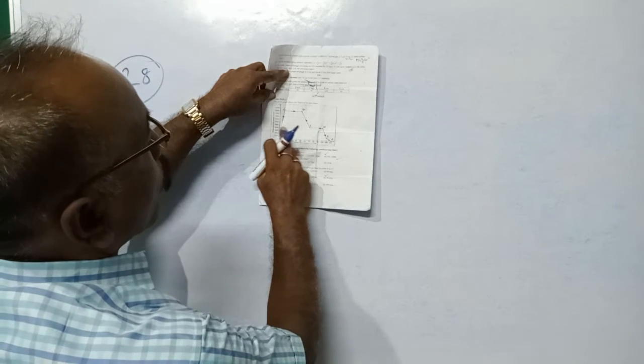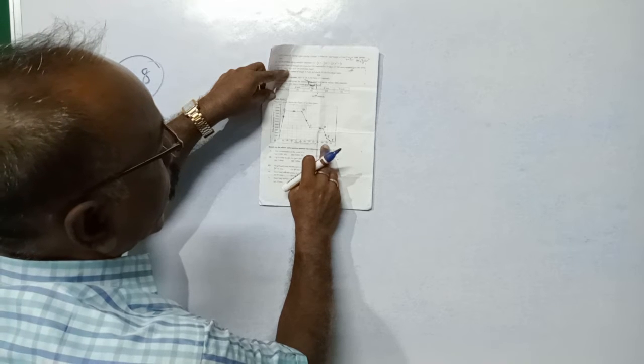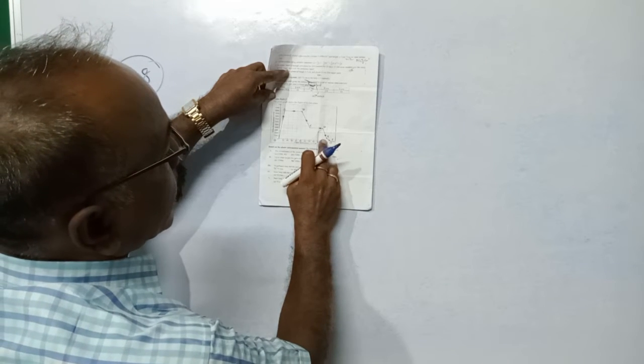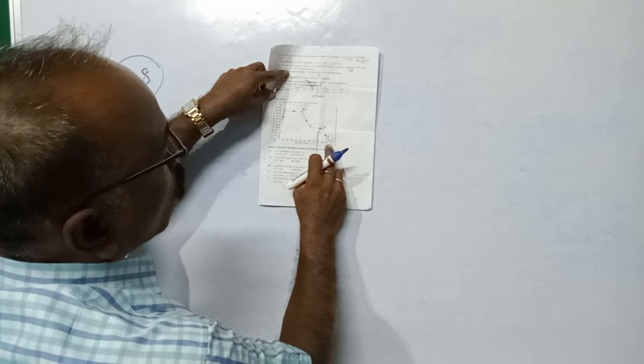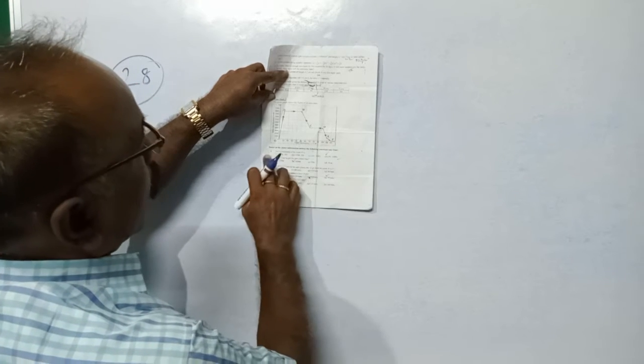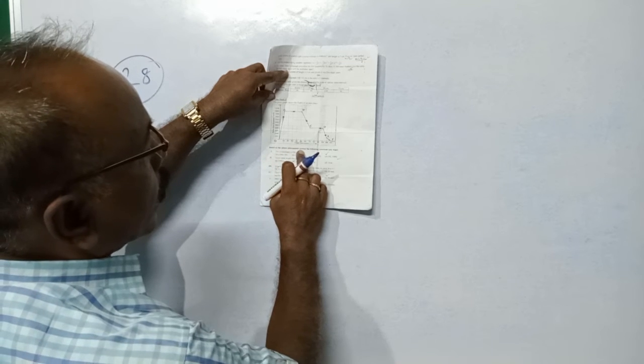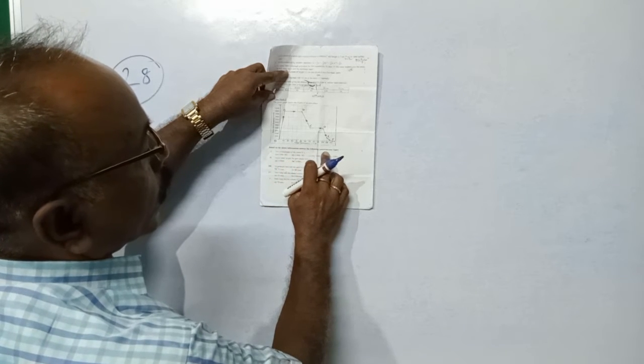D means 500 meters height, and at 110 minutes the position is E, and on the ground F position at 120 minutes. Based on the above information, answer the following questions.